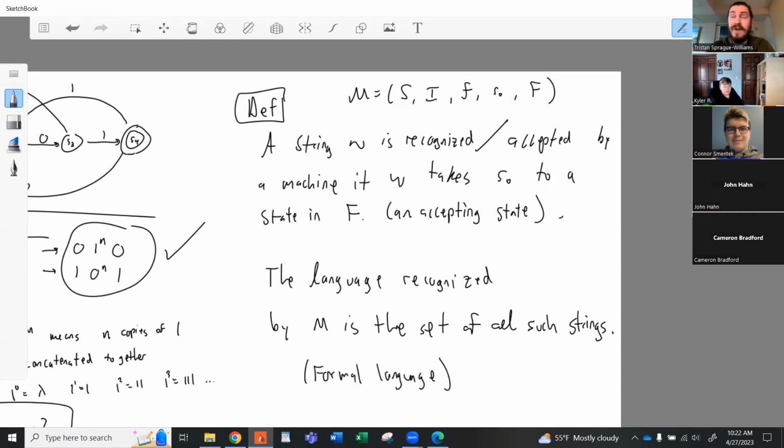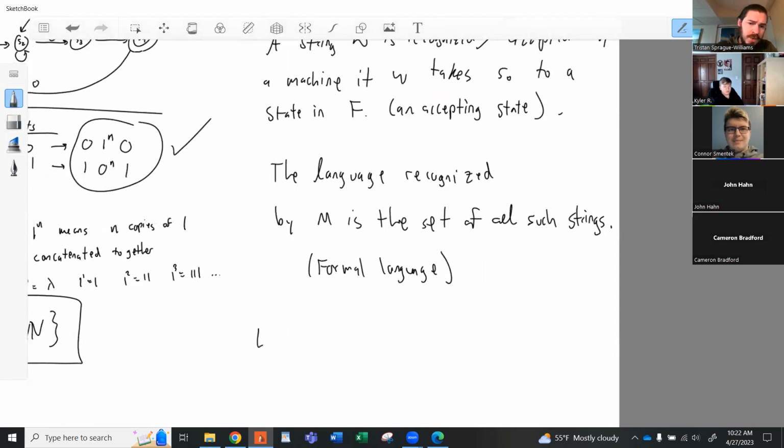Okay. So back when we defined what formal languages are, we said a formal language could be any subset of the set of strings over the alphabet. So here, the language generated by the machine M is denoted L of M, or actually the language recognized by the machine M. I haven't introduced the word generated, but we're going to talk about that in a second.